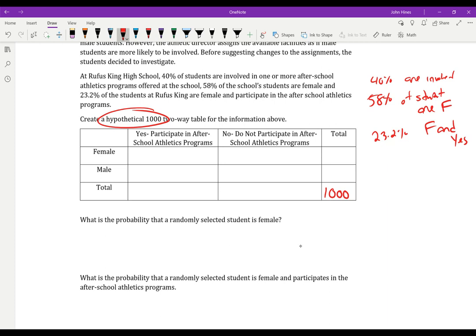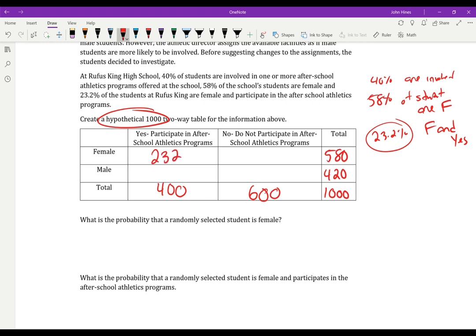So these probabilities need to get multiplied by 1,000 to create how many fake students I have. 58% of them are female, so 580 are female, which for free gives me 420 male, because those two margins need to add up to 1,000. 40% do after-school athletics, so 400 out of 1,000 is 40%, which leaves me with 600 out of 1,000 that do not. 23.2% is female and yes, so 232 goes there.